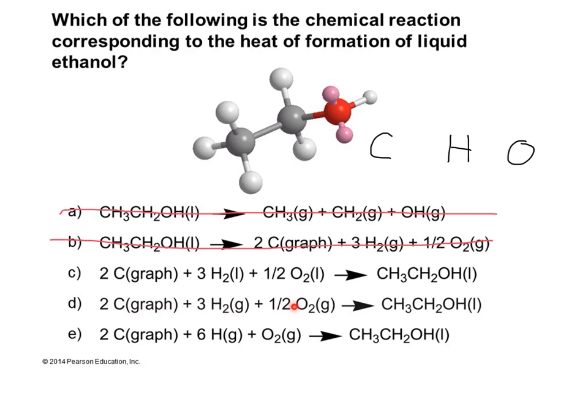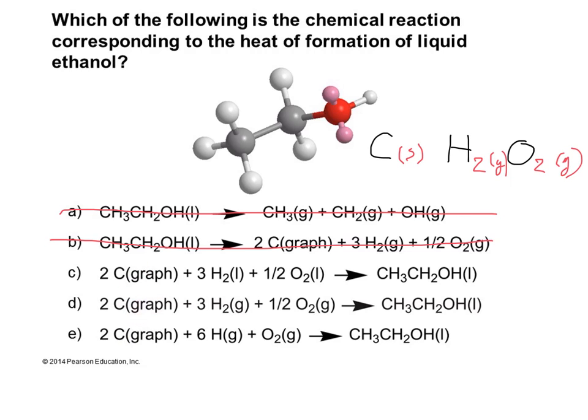This equation only has elements. Good. This equation only has elements. So far, so good. So the next thing we have to check is, are the elements in their standard states? Remember, the standard state of carbon is graphite or a solid. Hydrogen is a diatomic gas in its standard state. So is oxygen. So we need to check, is carbon solid graphite?